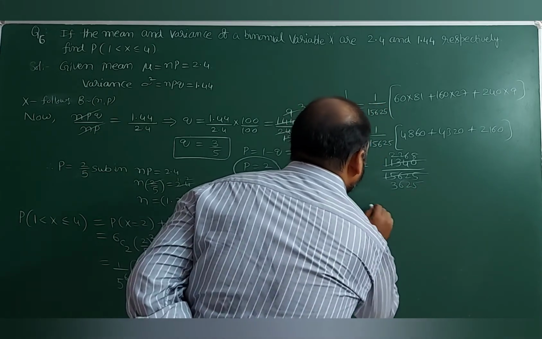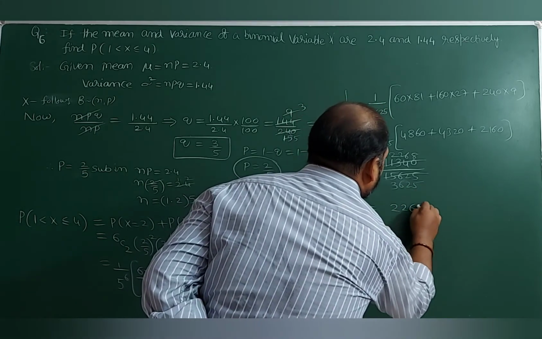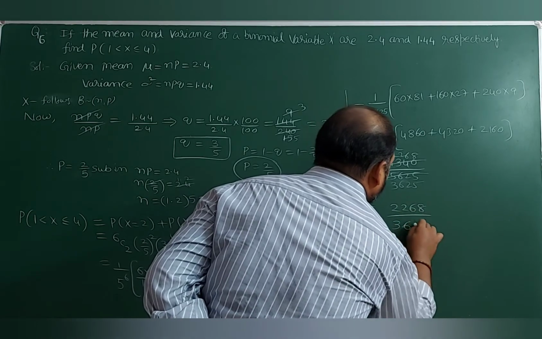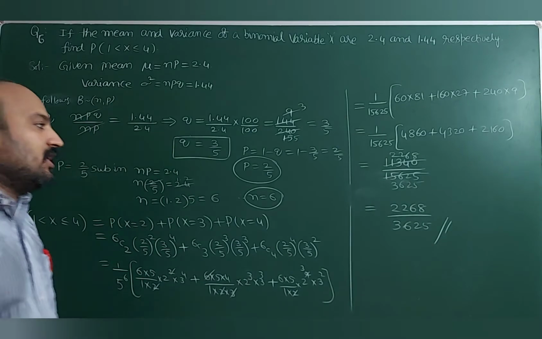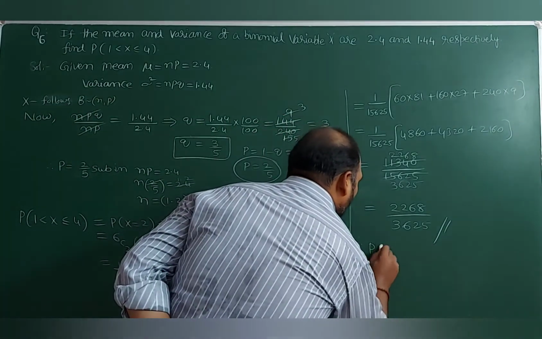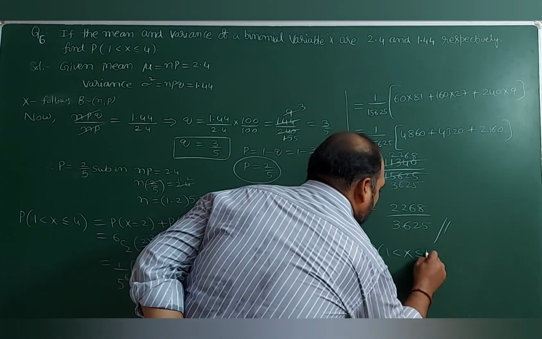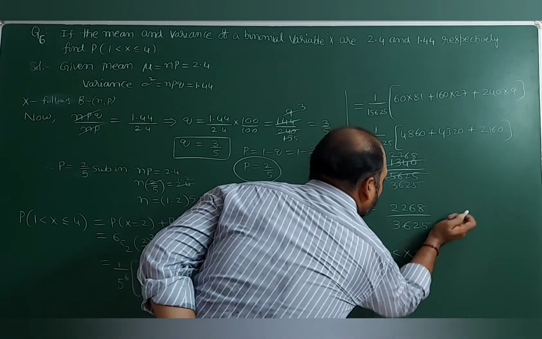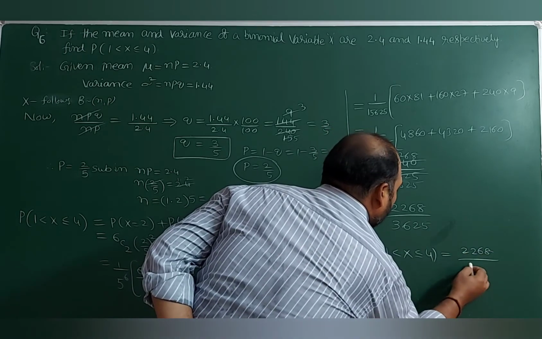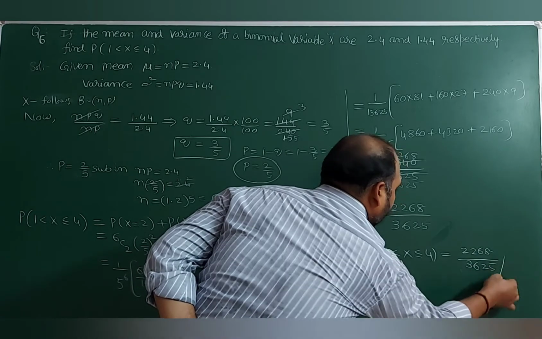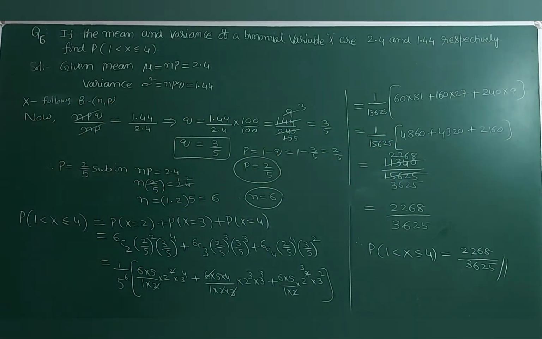So it will become 2268 by 3125. This is the required probability. Therefore, P of 1 is less than x is less than or equal to 4 is equal to 2268 divided by 3125. I hope you people understand this, students.